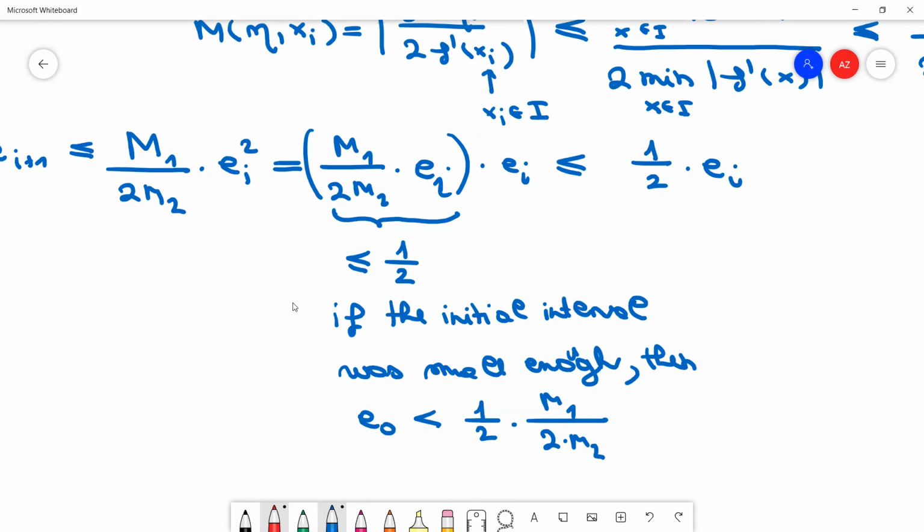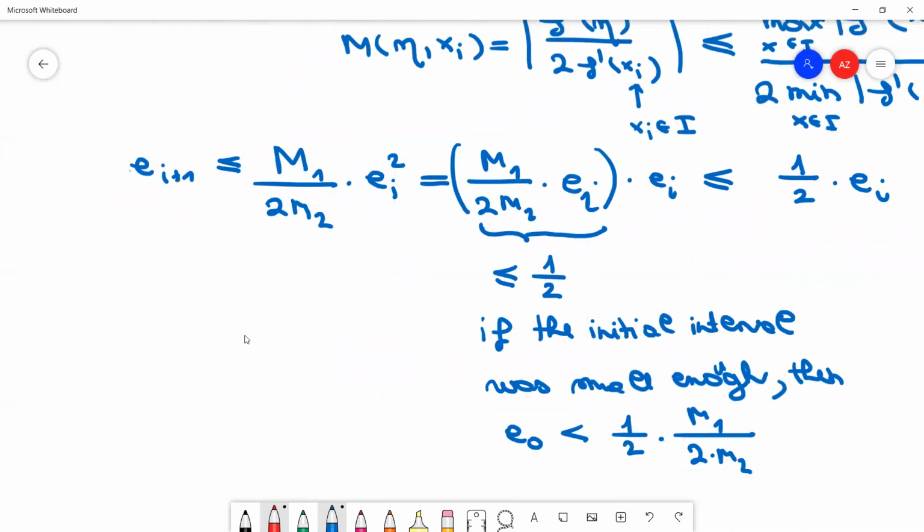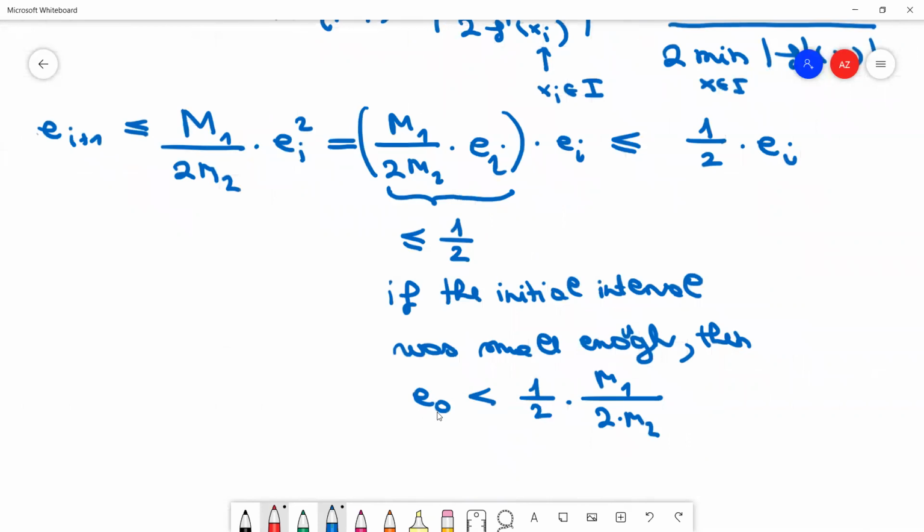So we can do this inductive argument. We started with E_0, and then E_1 will be smaller than 1/2 E_0.